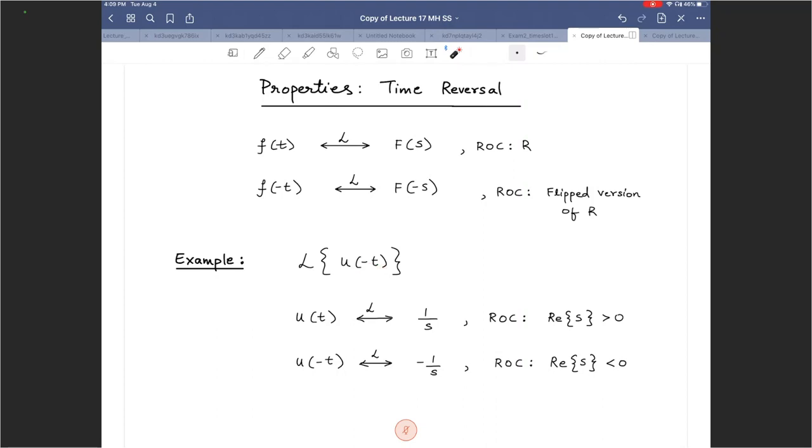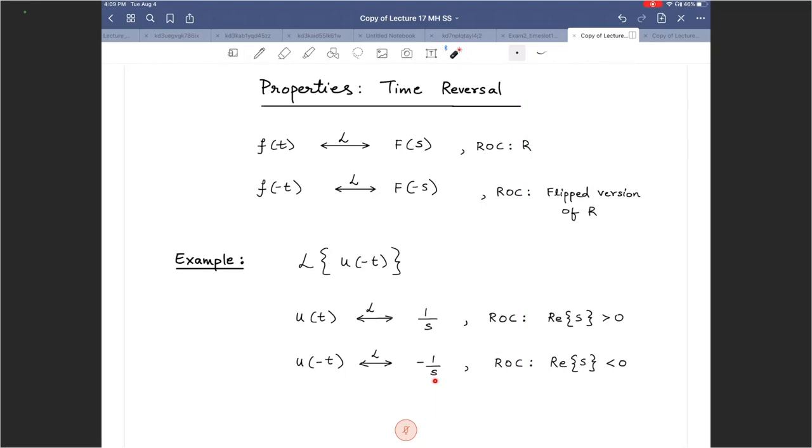Laplace transform of that. We know from earlier that u of t has a Laplace transform of 1 over s and a region of convergence as a real part of s greater than 0. All of the right half of s plane, excluding the vertical axis. And u of minus t, using the time reversal property, its Laplace transform will simply be F of minus s.